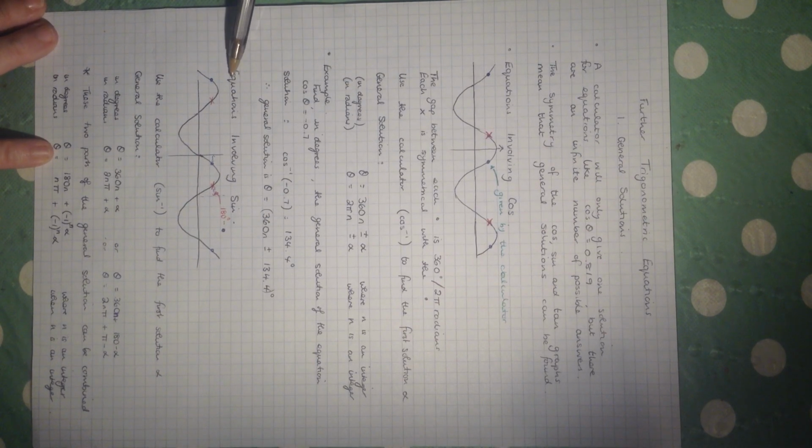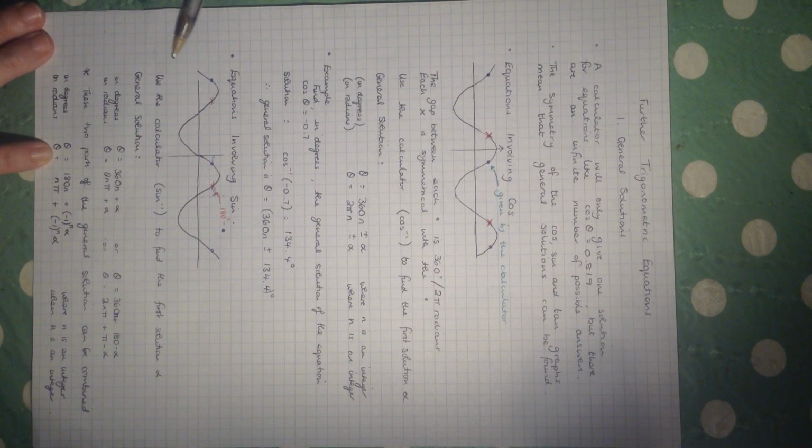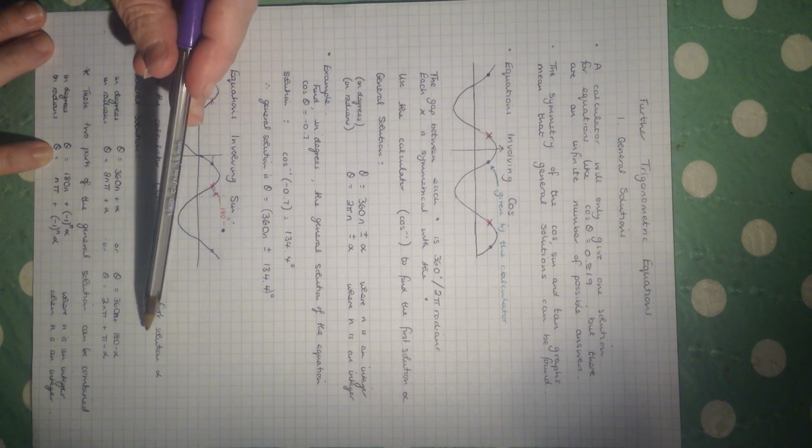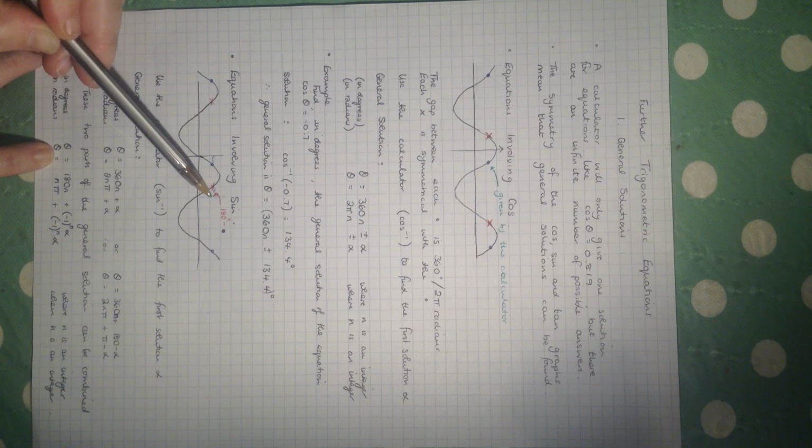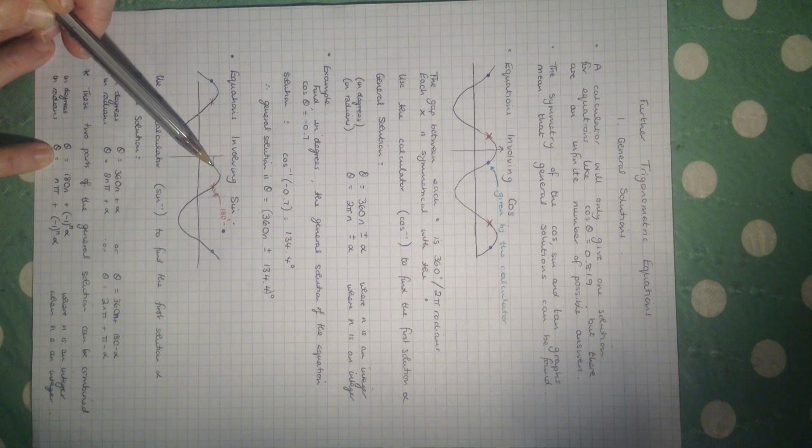In equations involving sine, again the steps are the same. We use inverse sine to find the first solution, which will be this one, and then that solution there with the cross will be 180 minus that solution.